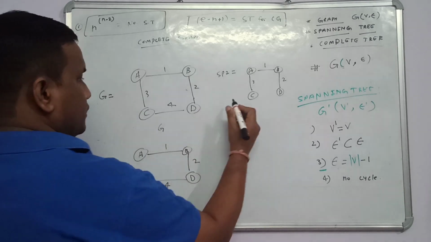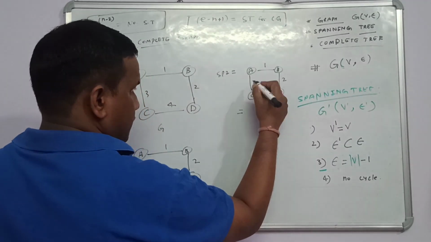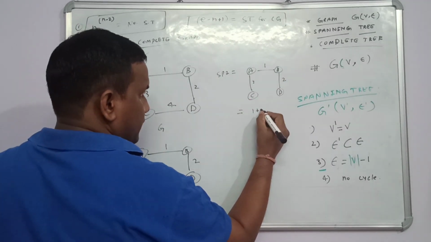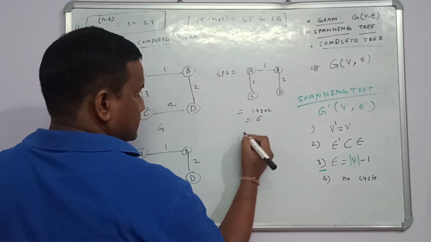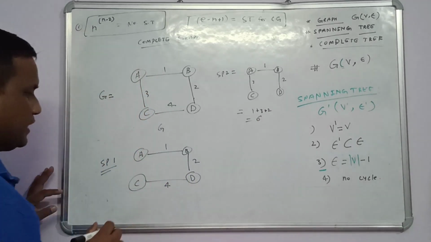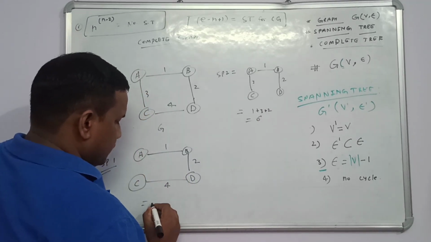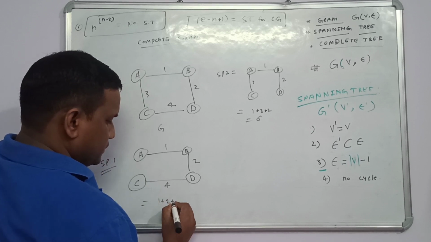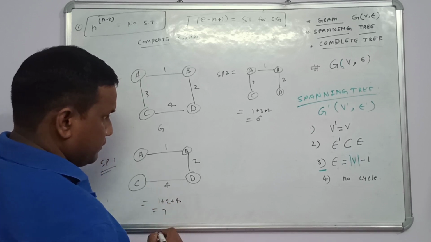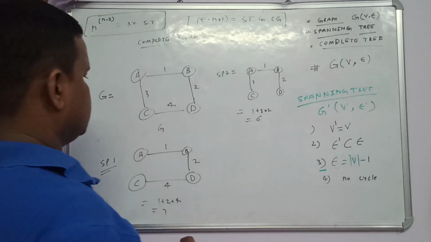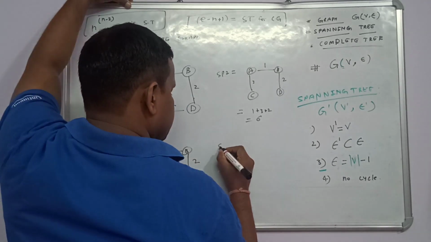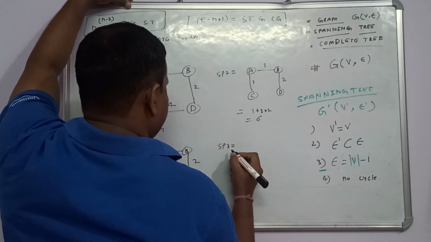What is the total weight of this spanning tree? 1 plus 3 plus 2, that is 6. Correct. For the other spanning tree, 1 plus 2 plus 4, that is 7.